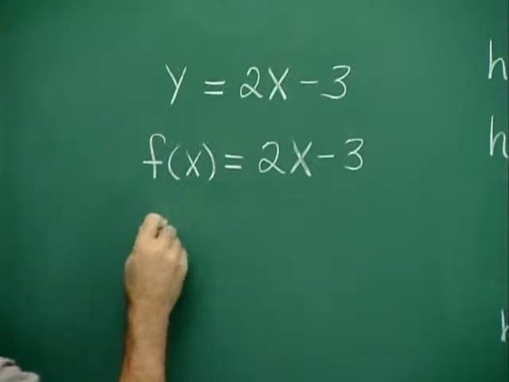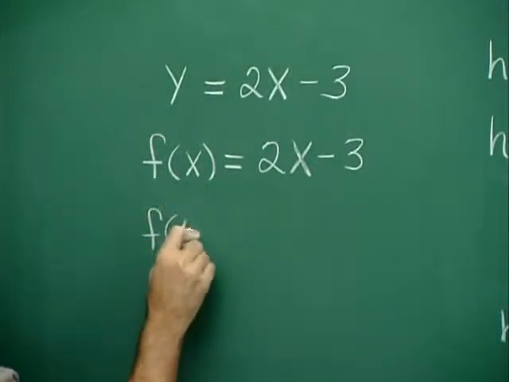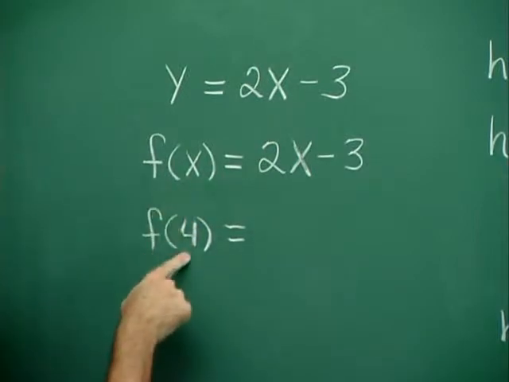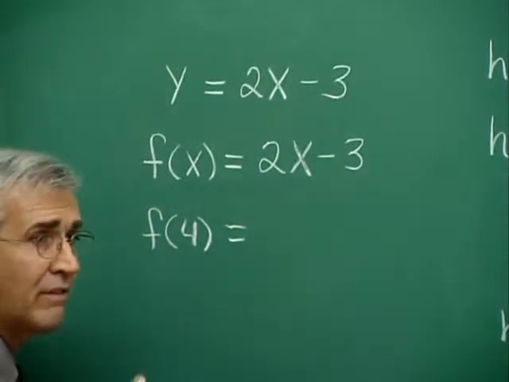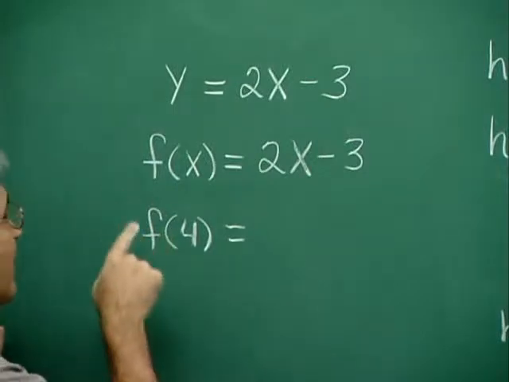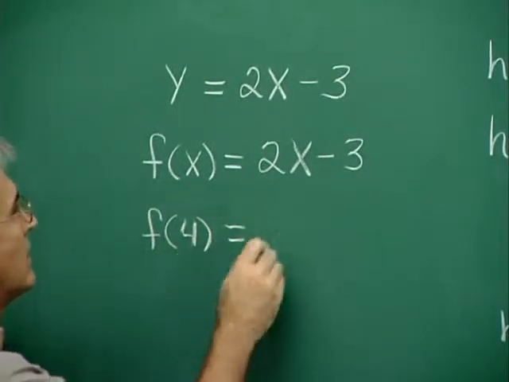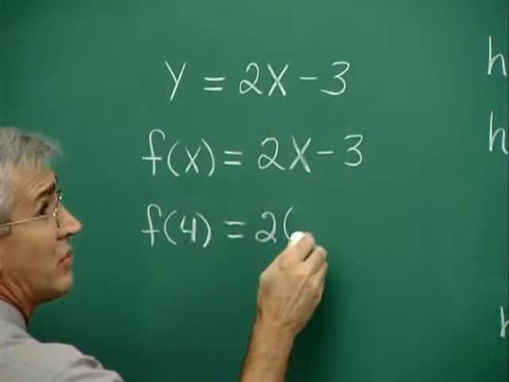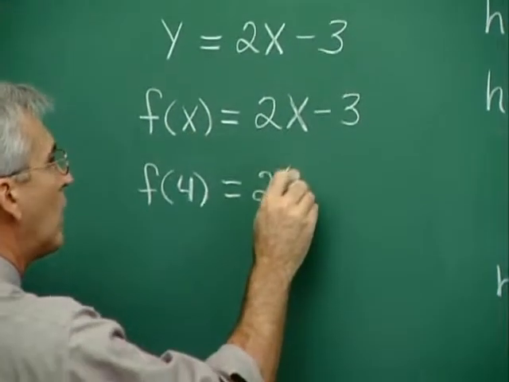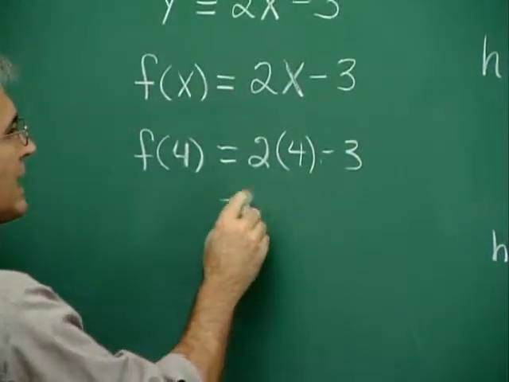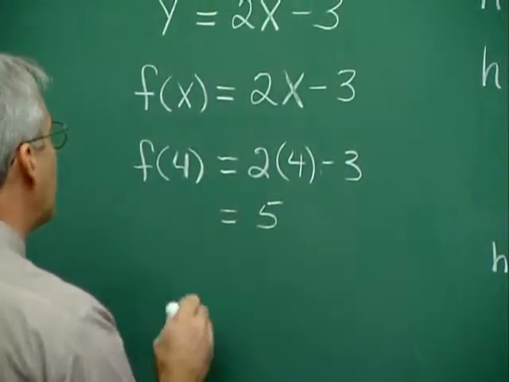And if we pop in a particular value like 4, then this means in the f function, replace x with 4 and evaluate. We're finding the value of f at 4. We would make the substitution, replace x with 4 and evaluate. That's 8 minus 3, or 5.